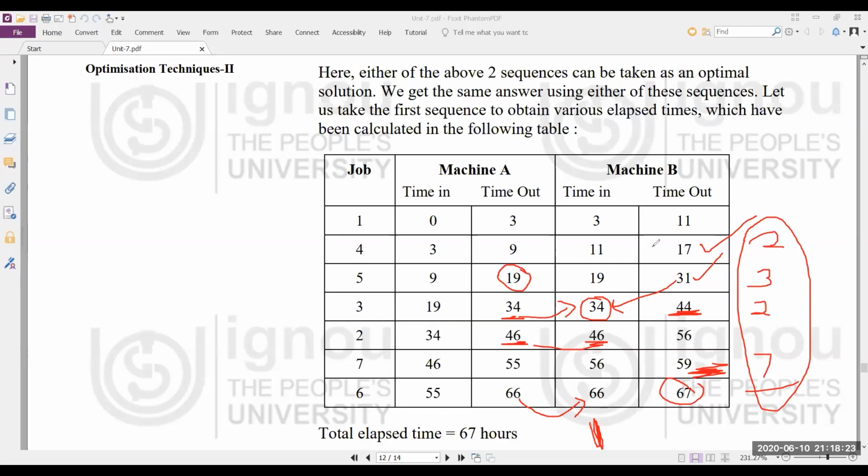Sir, in this question, please tell us how we will arrange the job sequence, because there is a tie between machines, 10 hours. If we allocate 10 hours to machine A according to the job, then when we come to machine B, there are two of them. How do we allocate which 10 we will allocate? In which question? The same question which you are doing right now.